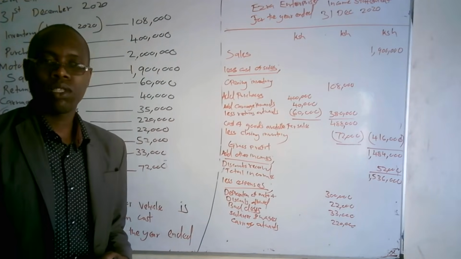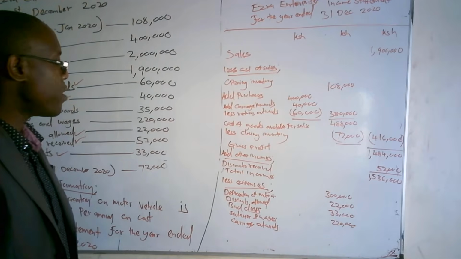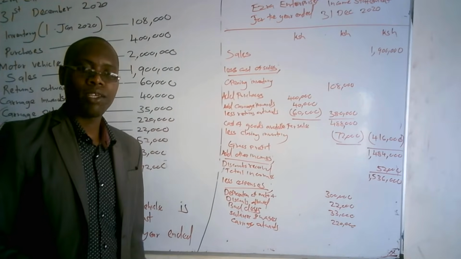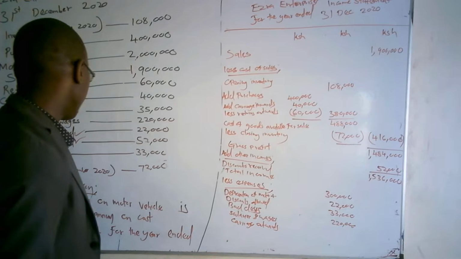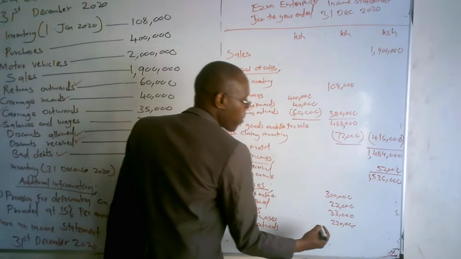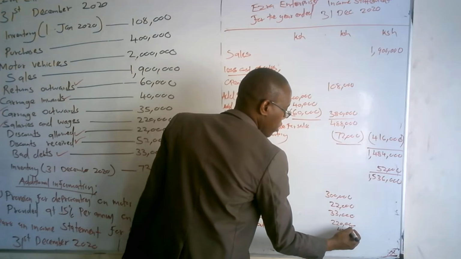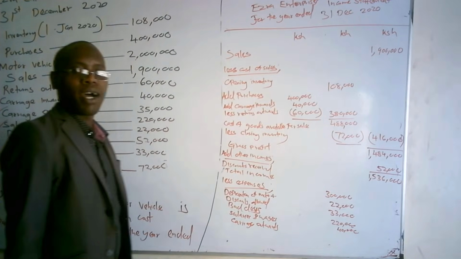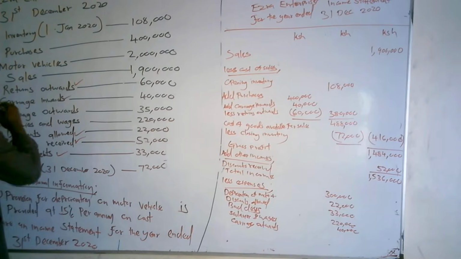And that cost that you incur in transporting those commodities is what we call carriage outwards. So carriage outwards is 40,000, captured here as 40,000, and then I can see that we have captured everything under the expenses.